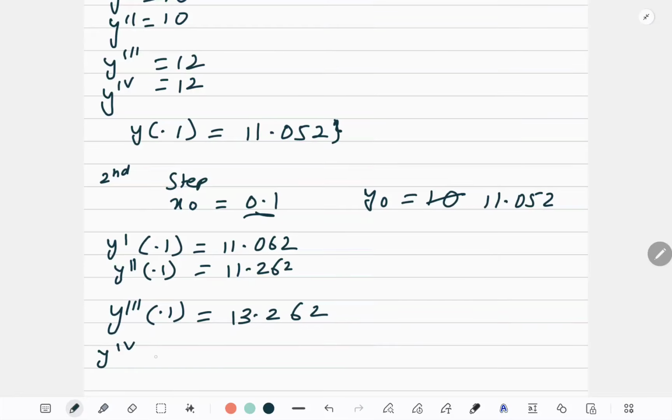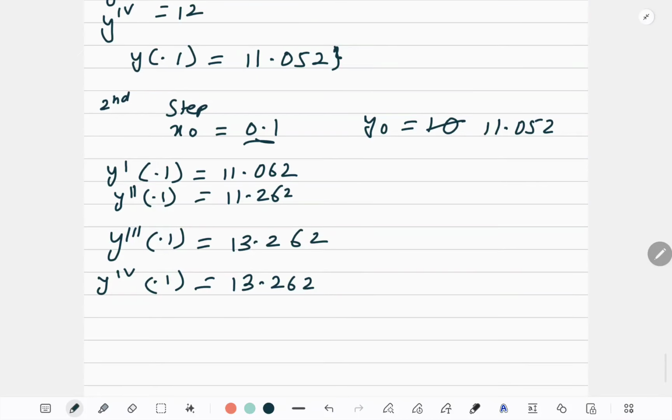And the fourth derivative at 0.1 will again be 13.262. Again you write down the series and then you find out the answer, and you will get y is equal to 12.2168. So here you will put x is equal to 0.2, right? So you will get the value at 0.2.